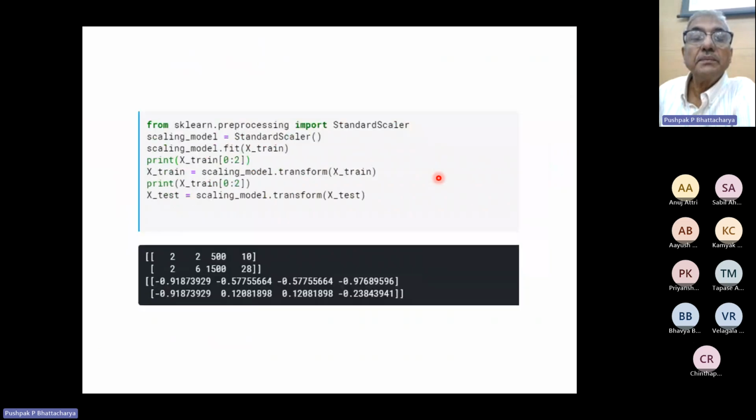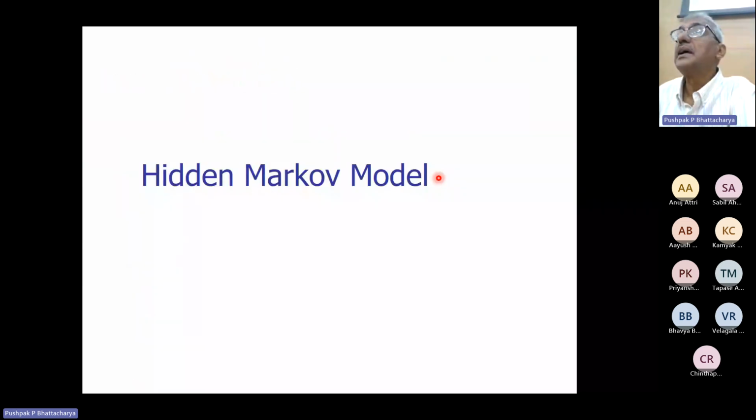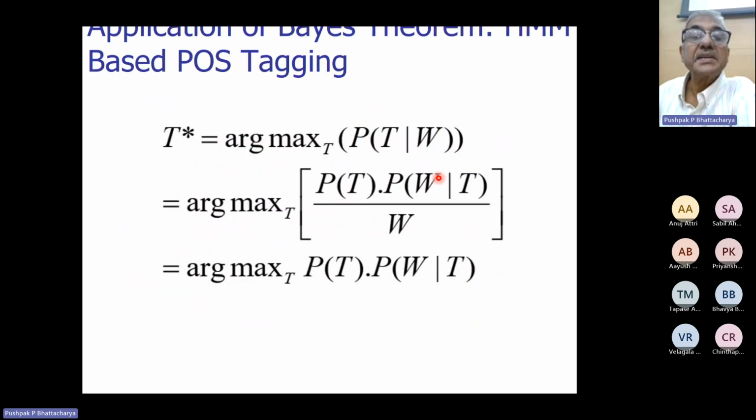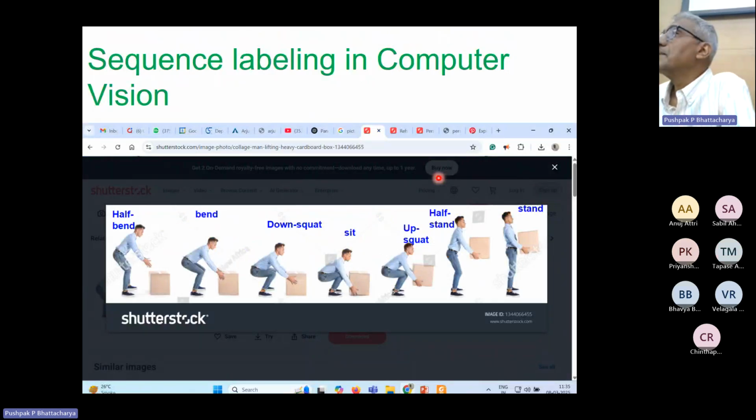Okay, let's proceed now. Let's take up a very important topic, which is the hidden Markov model. Hidden Markov model is important for sequence processing, labeling the sequence. Where does sequence processing appear? In computer vision, sequence processing happens in the following way. If you look at the picture here, you can see a person is lifting a box.